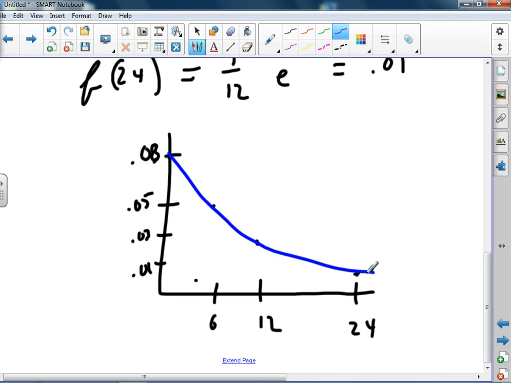Part B. This is 35. What is the probability that the arrival time of the vehicle is 12 seconds or less? So we're looking at the area under the curve right there.